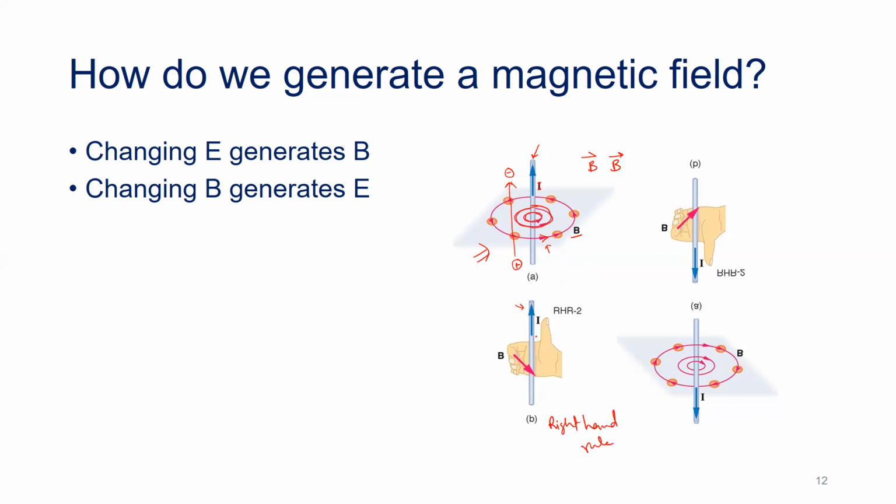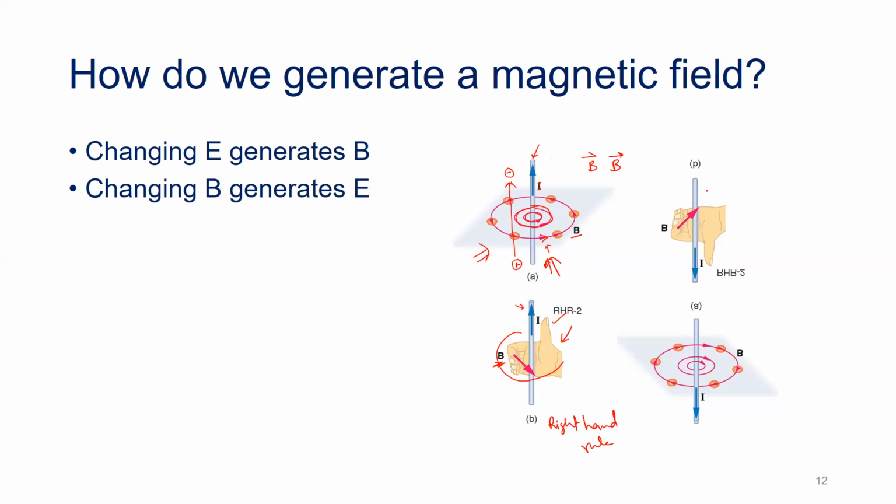Use your thumb to show the direction of the current flowing through the wire, and the rest of your fingers act as a coil, as indicated in this picture. The direction of the B field that gets generated will be indicated by the rest of your fingers. So you use this picture to understand that.